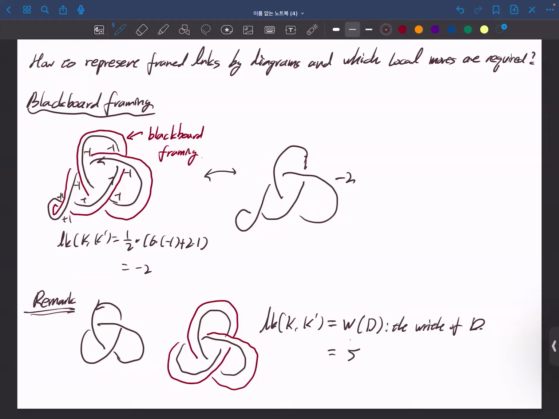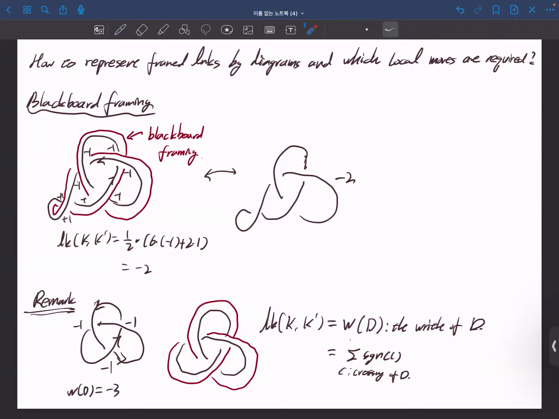It is the summation of all crossing signs of D. For example, in this case, when you draw an oriented knot and calculate crossing signs, we get -1, -1, -1. Then the writhe of this diagram is equal to -3.